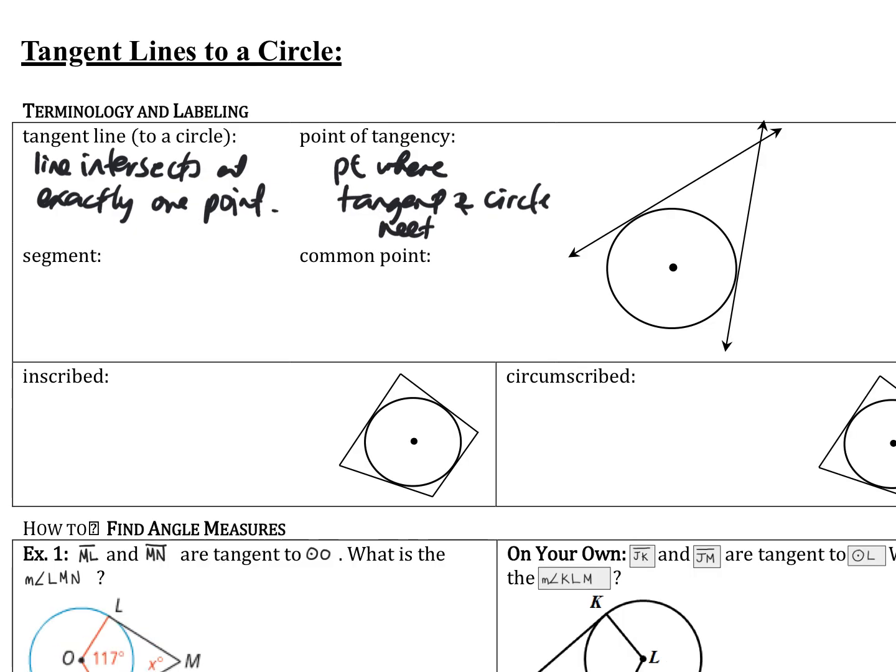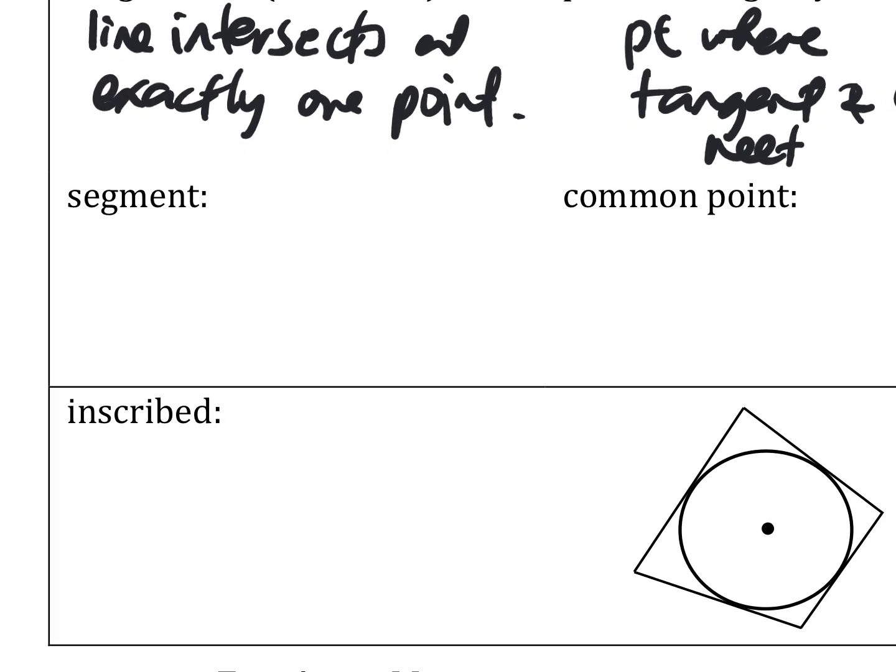Let's look at something here. Let's label this one as A, this is B, and this is C. Line segment AB is tangent to the circle. In this case, A and C are the points of tangency. A segment is a piece of a line, and it always has two endpoints.